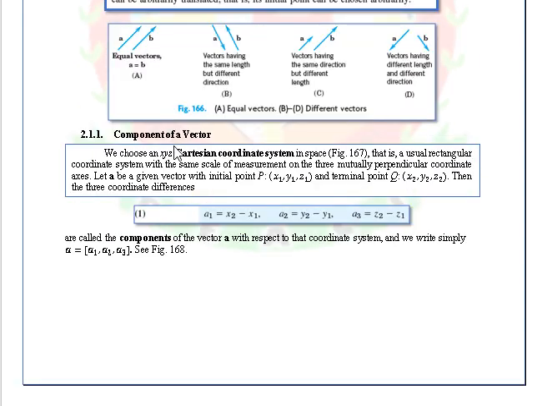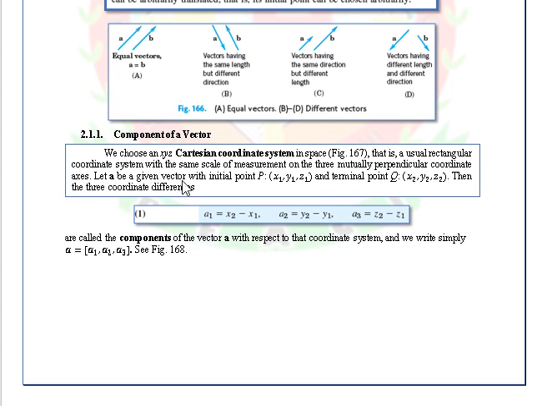Now, here we have the components of a vector. We choose an xyz Cartesian coordinate system in space in general. What is this Cartesian coordinate system? That is the xyz coordinate system, which we are already familiar with. If we have a vector, we can get its components with respect to that Cartesian coordinate system using this definition. It is a usual rectangular coordinate system with the same scale of measurement on three mutually perpendicular coordinate axes.